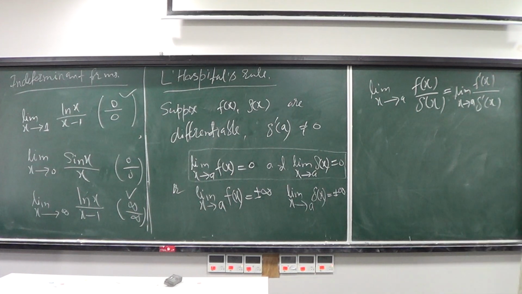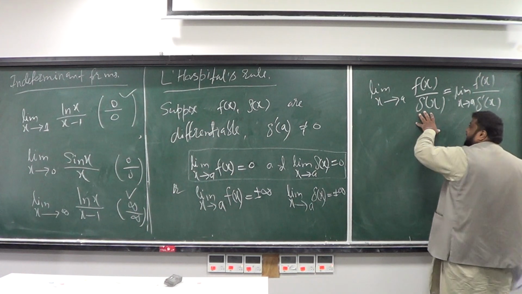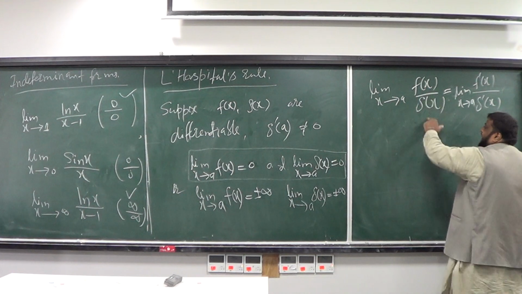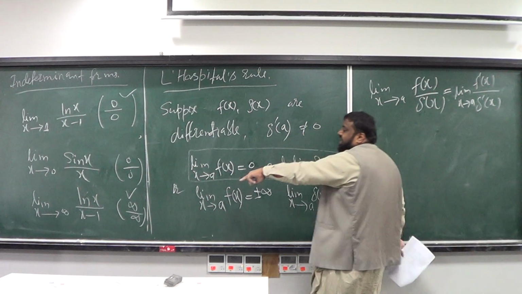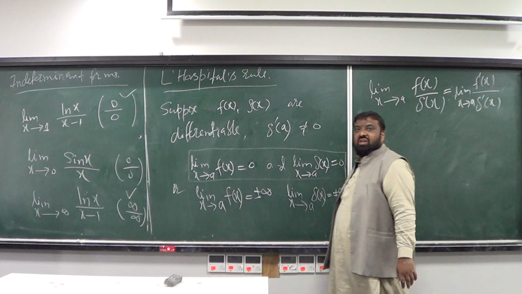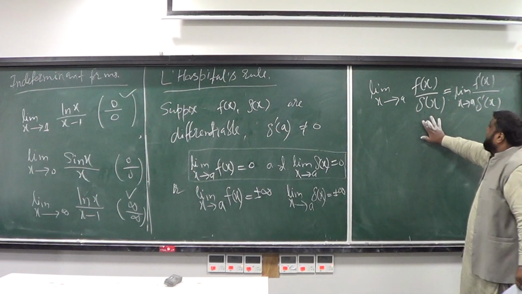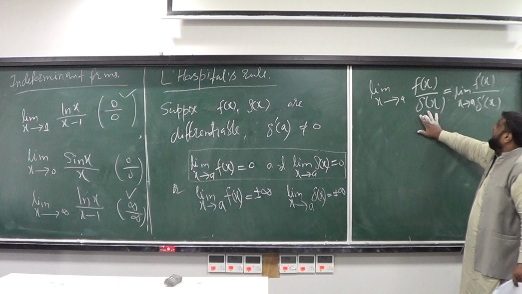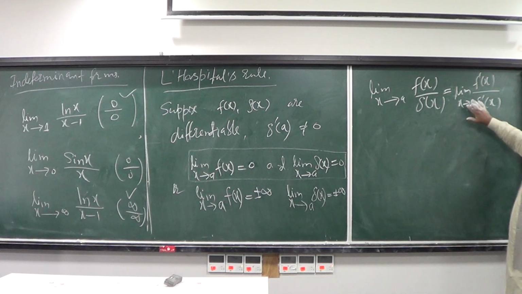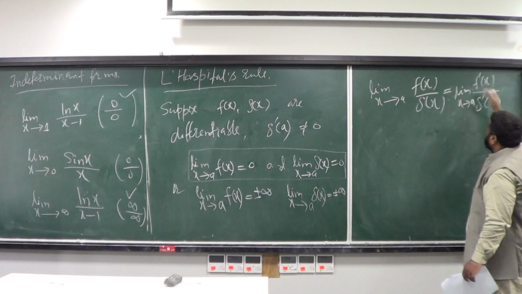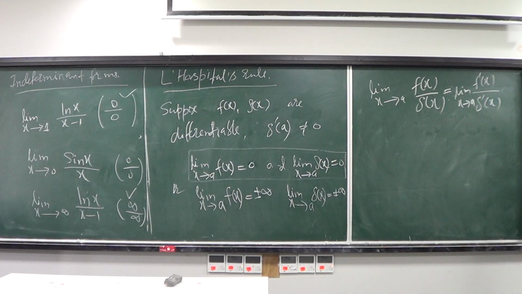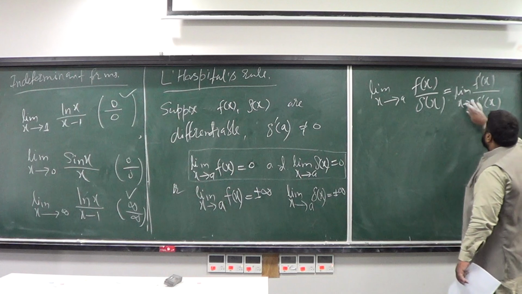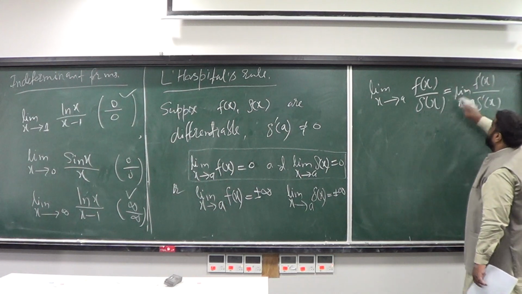If you want to compute this limit, and it turns out it has a 0 by 0 or infinity by infinity form, then this limit is also equal to the limit of f prime of x by g prime of x. In other words, differentiate them and then compute the limit, and whatever this limit is, it is the same as the original limit.